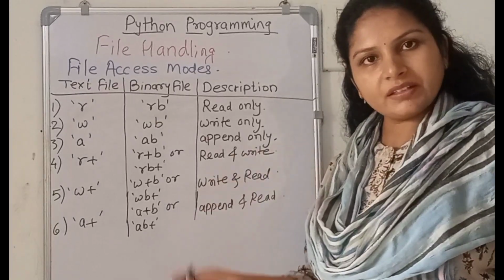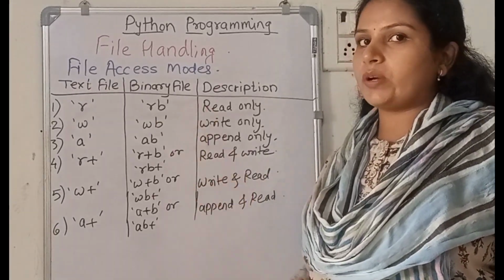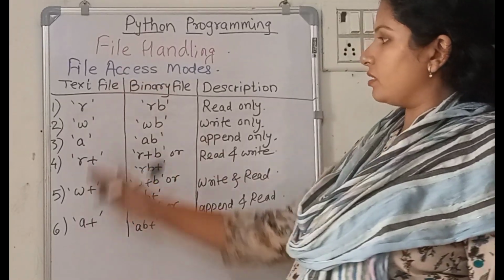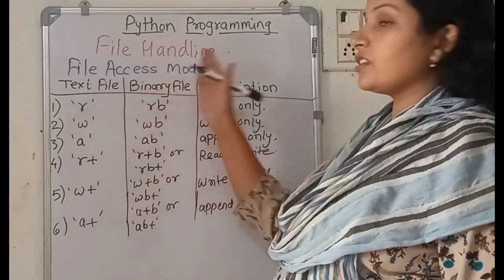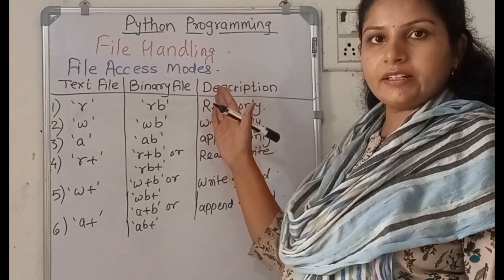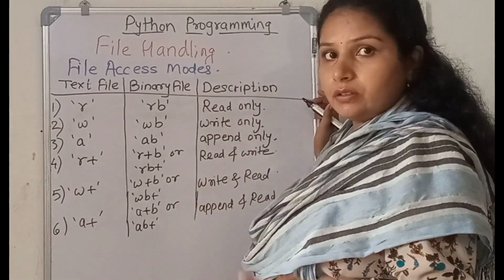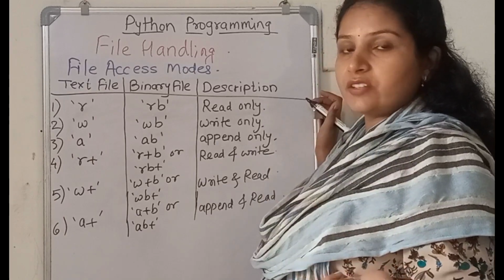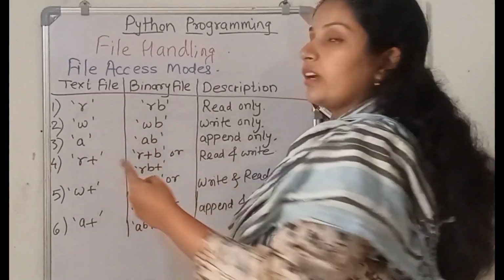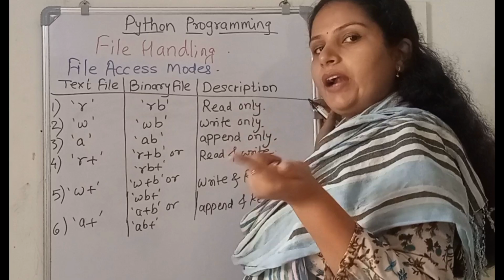That means you can append the content to the file and then you can read it. So these six are the file access modes in file handling, and whatever operation you need to perform, based on that you can select any of the file access modes and use it in the program.